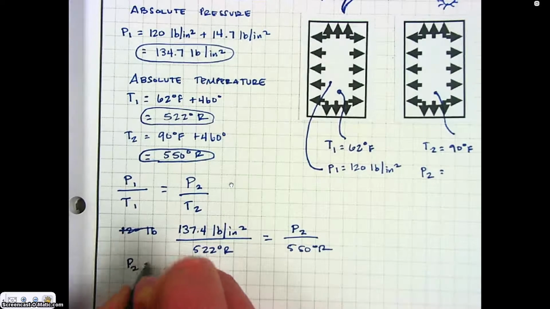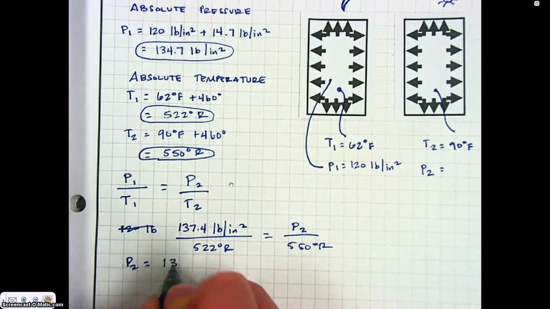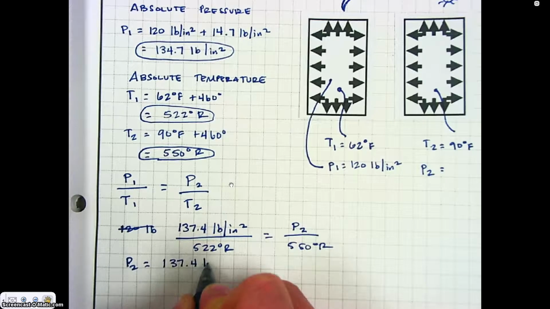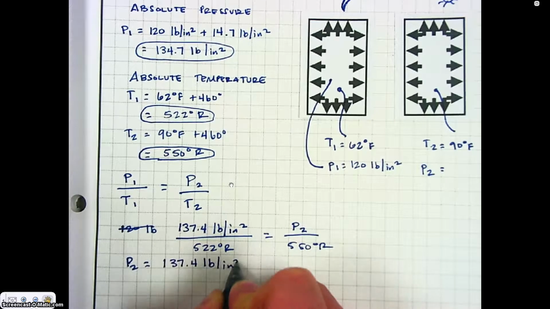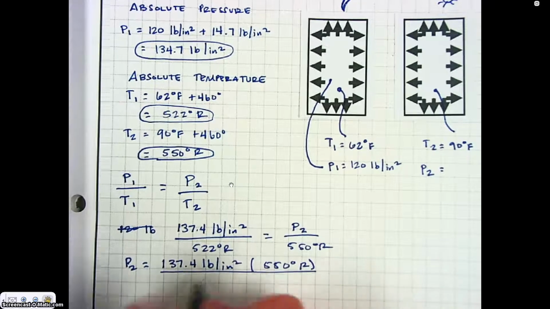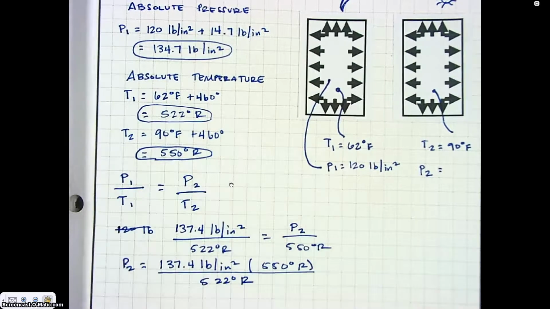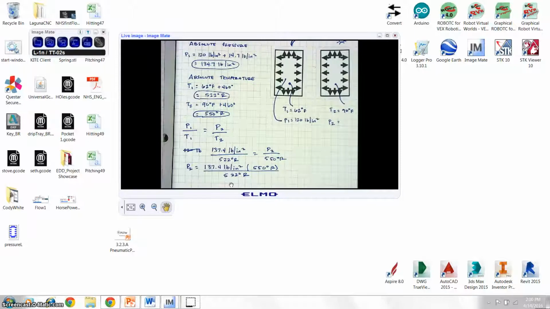Pressure of 2 is equal to 137.4 pounds per square inch times 550 degrees Rankine divided by 522 degrees Rankine. So we'll do that on our calculator.